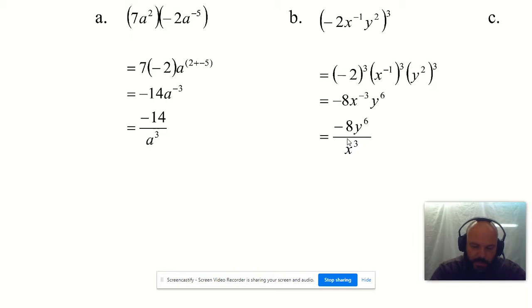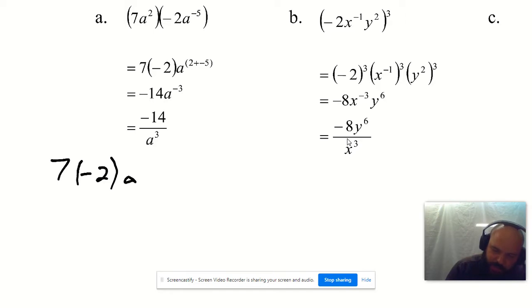Because it is multiplication between all of those items, it's 7 times a squared times negative 2 times a to the negative fifth. So we're going to reorder things so it's a little easier to understand. We start with the 7, then put the negative 2 in parentheses, then a to the second, and then a to the negative fifth. That's exactly what they did there.